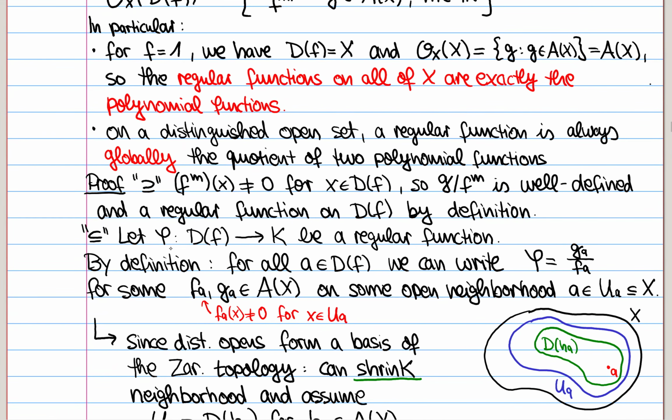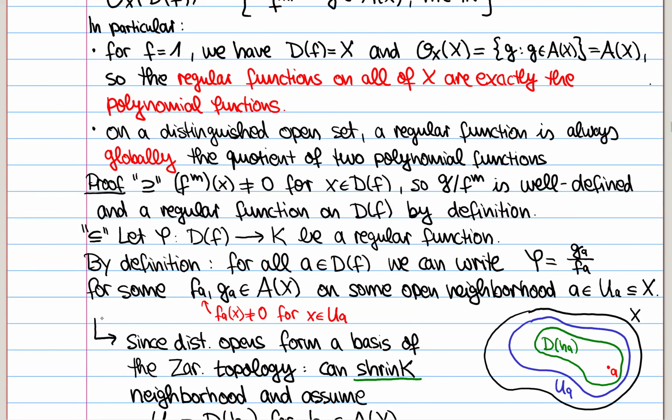So let's say phi is any regular function on D(f). So by definition, for each a inside D(f), you have an open neighborhood, U_a, on which you can write phi as the quotient of g_a divided by f_a, where these are polynomial functions on this open, which have the property that on this open neighborhood, at least the f_a is non-zero.